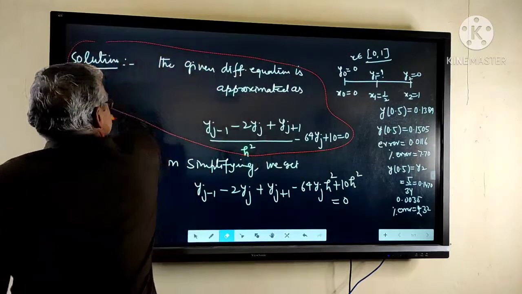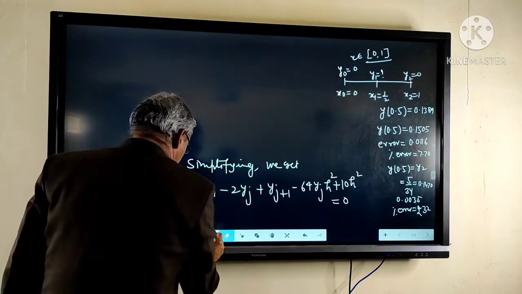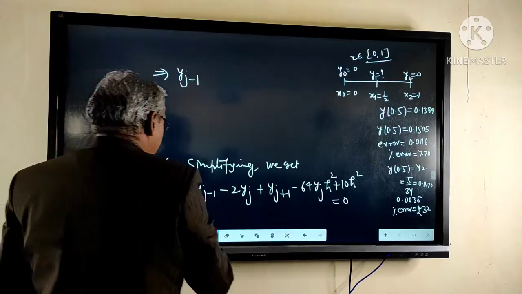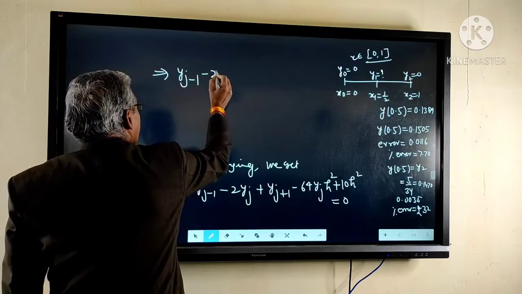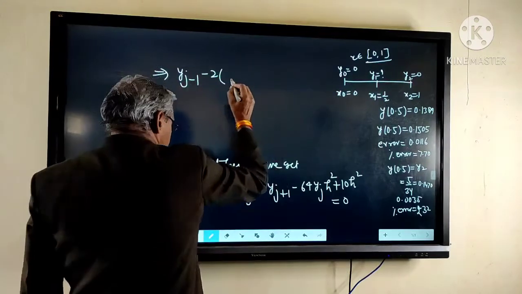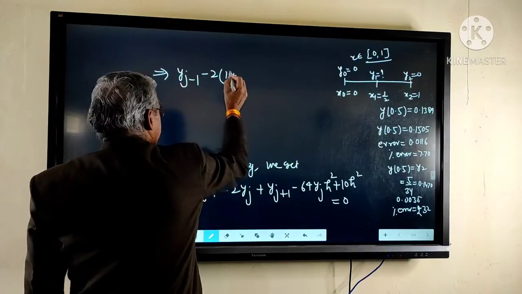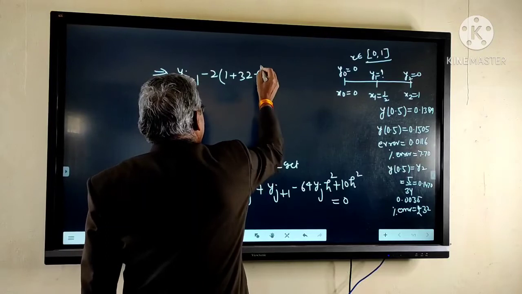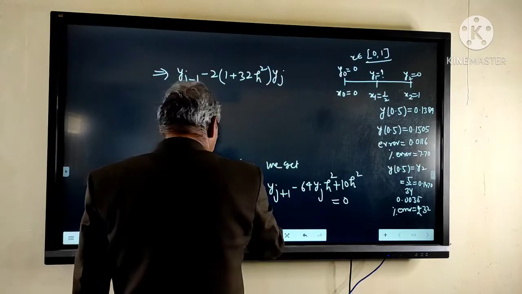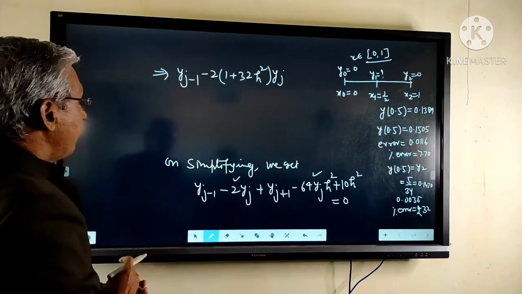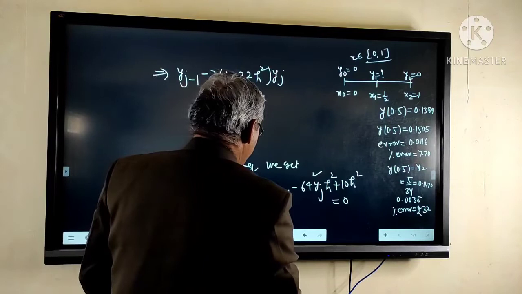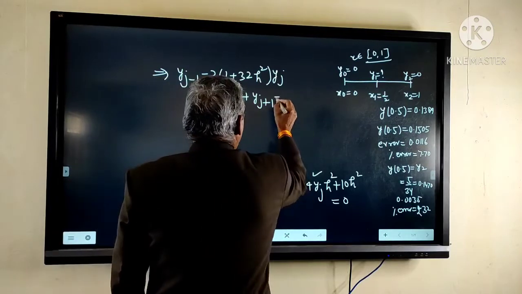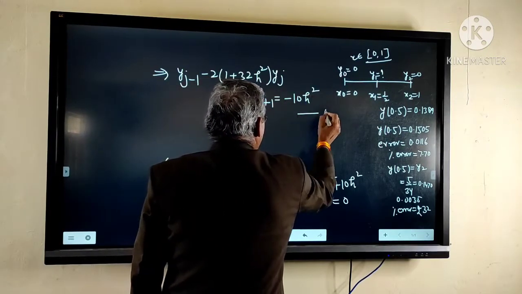This can be written as y(j-1) minus 2 into (1 plus 32h square) yj plus y(j+1) equals to minus 10h square.